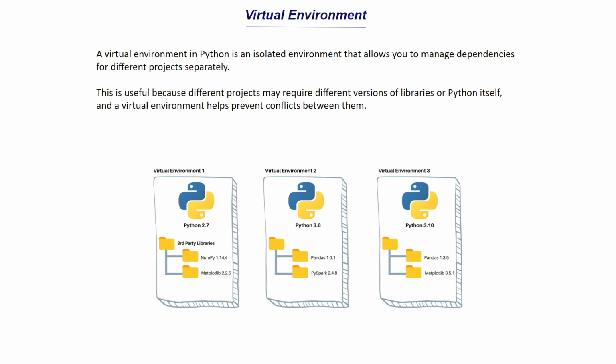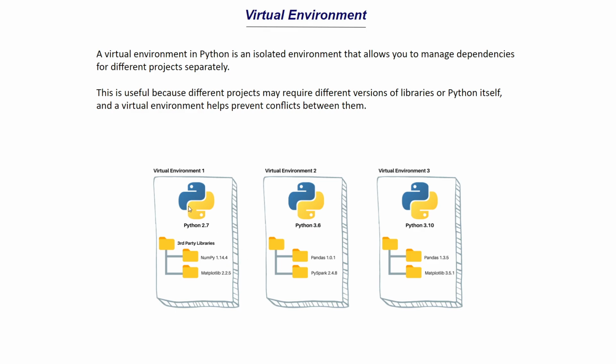This is kind of a definition, but I'll explain it in simple terms. Let's say you're working on different projects, and for a particular project you wrote code a very long time ago using Python 2.7 or something, and NumPy version 1.14 or something like that.